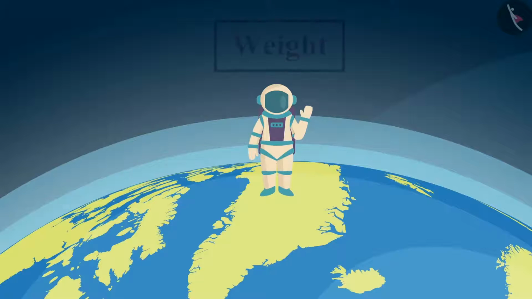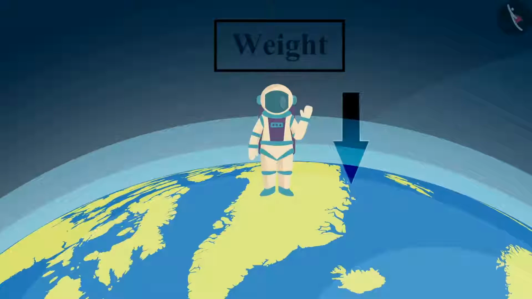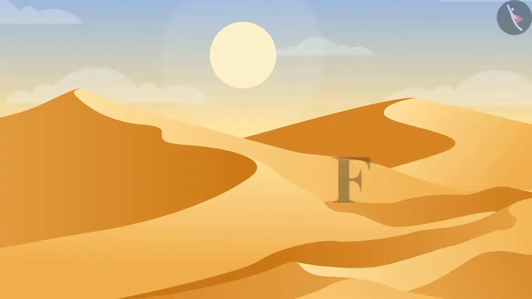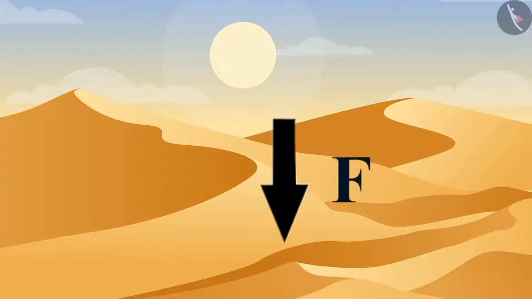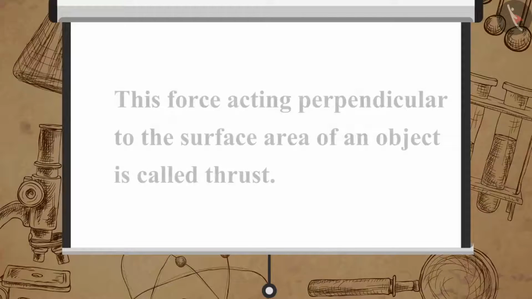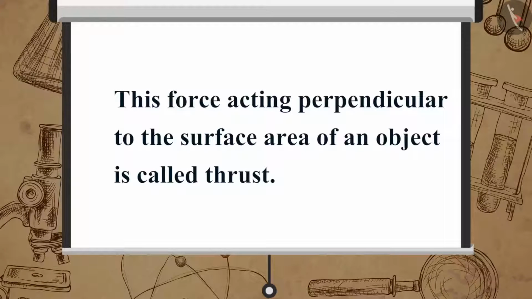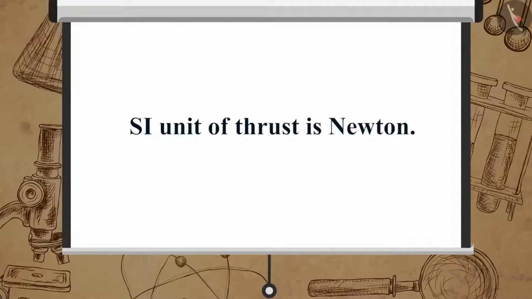We have learned that weight is the force which acts vertically downwards. Therefore, here the force is acting perpendicular to the surface area of the sand. This force acting perpendicular to the surface area of an object is called thrust. SI unit of thrust is the same as that of force, that is Newton.